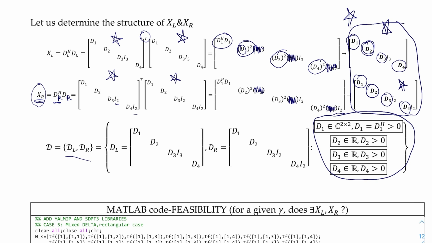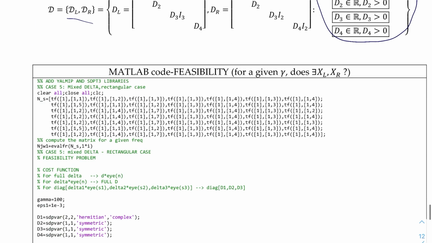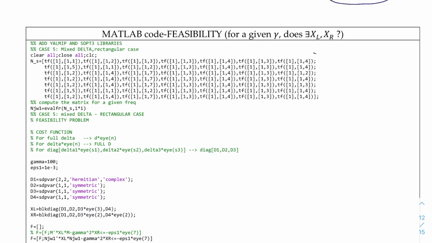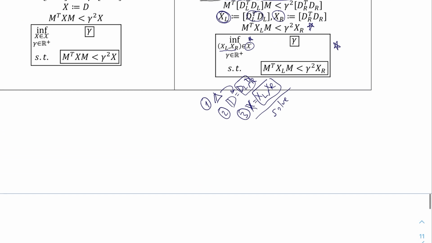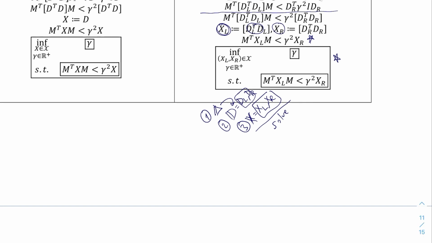These two blocks, these two objects that I circled. Since this is the final problem, I also express another thing: this is a feasibility problem. Remember our problem. For a given gamma, I'm going to give you some gamma and you find XL and XR.